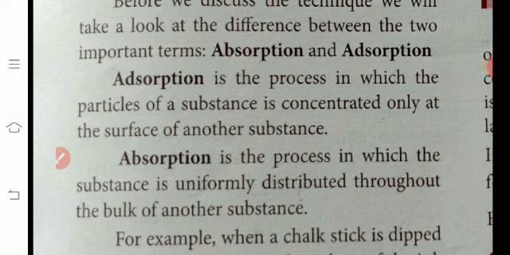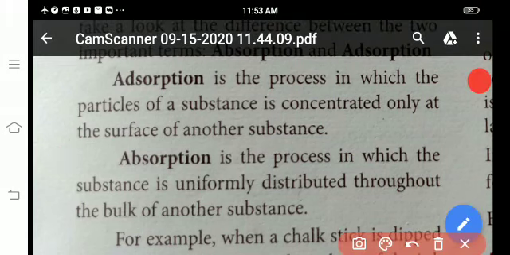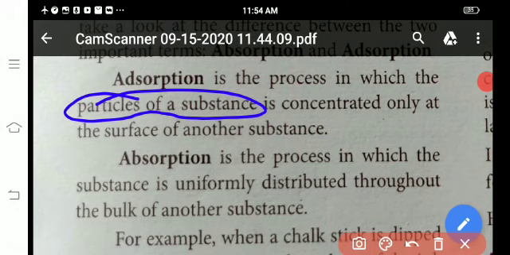Absorption is the process in which the substance is uniformly distributed throughout the bulk of another substance.